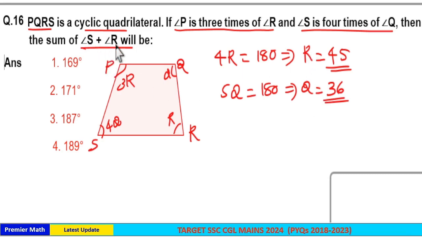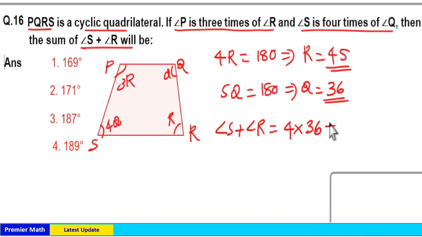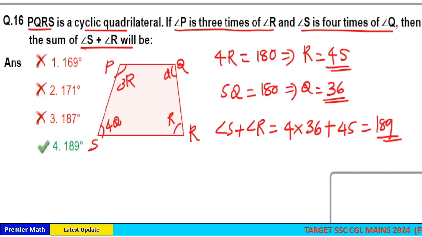Then angle S plus angle R. Angle S is equal to 4Q, so 4 into 36 plus angle R, which is 45 degrees. Now 4 into 3 is 12, so 120 plus 45 is equal to 165. 165 plus 6 into 4, 24. 165 plus 24 is 189. Option 4 is your answer.